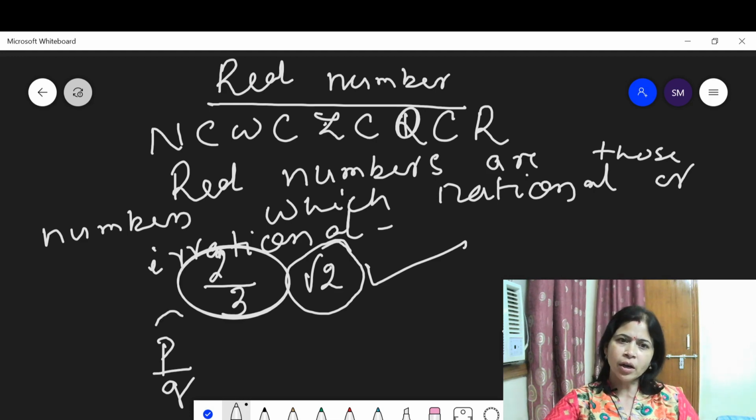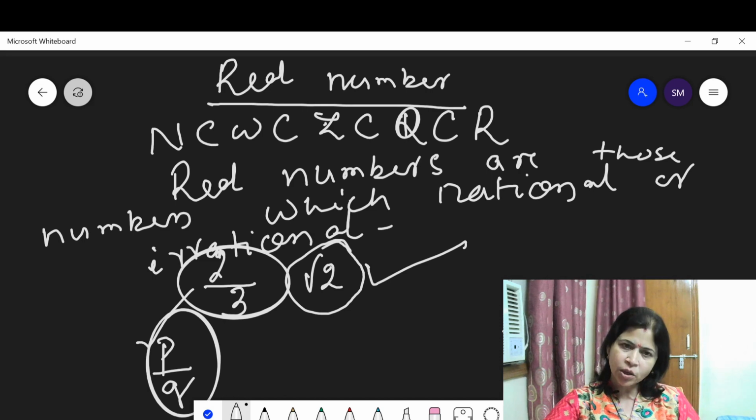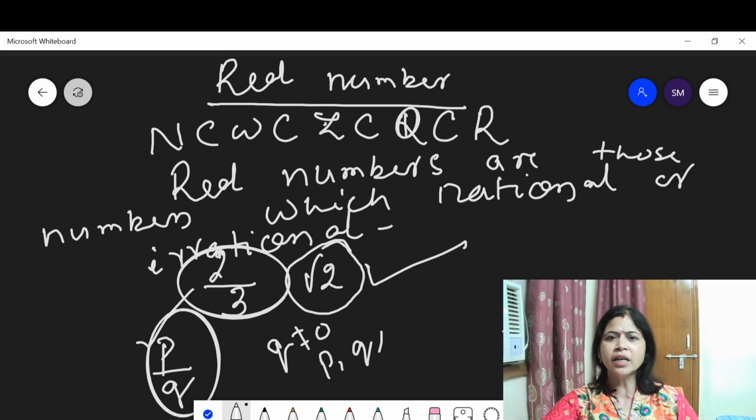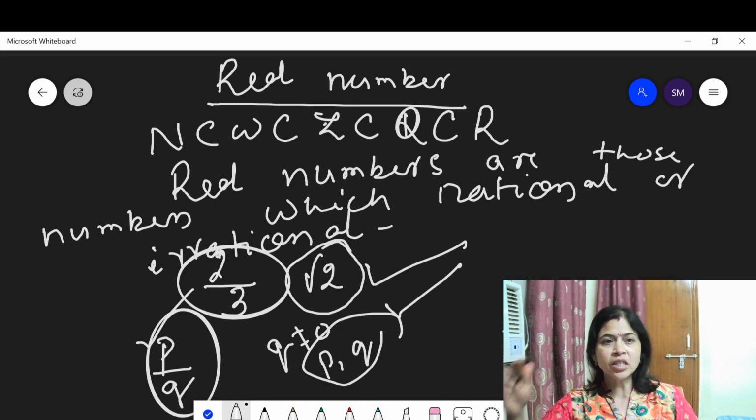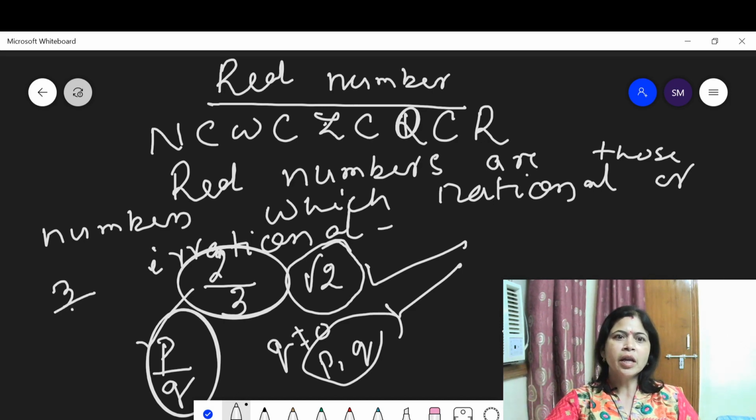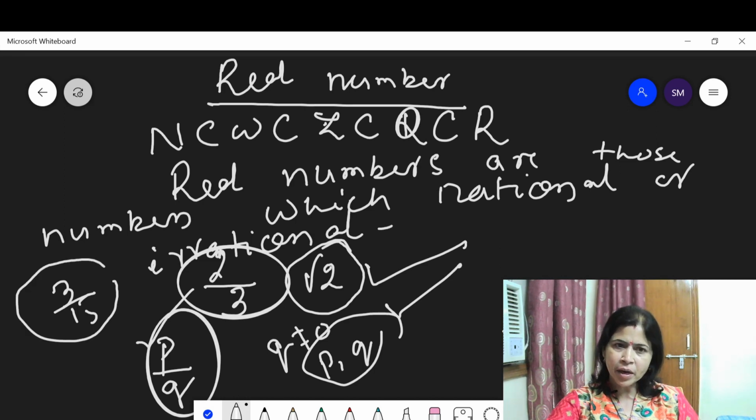When a rational number is represented in p by q form, the condition is that q is not equal to 0, and p and q are in lowest or simplest form. Suppose 3 by 15. Is 3 by 15 in simplest form?